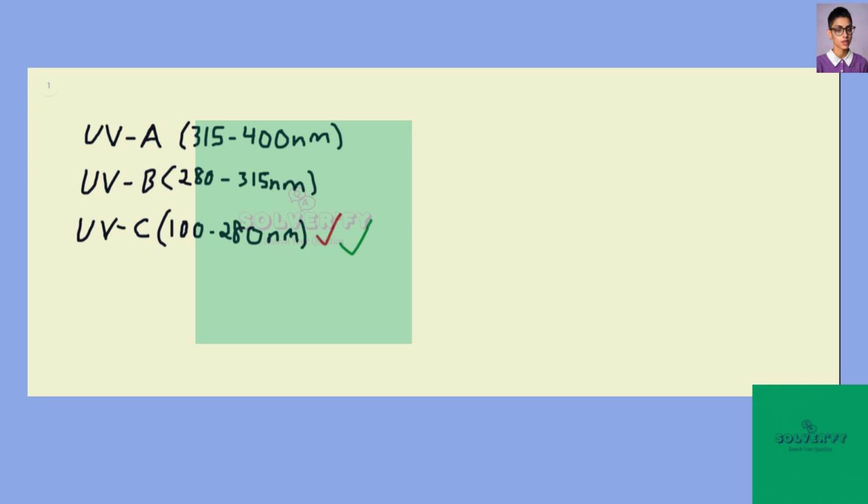The only one that has a wavelength of less than 240 nanometers is UVC. UVC photons from 100 to 240 nanometers will be absorbed by nitrogen and oxygen, and even atomic oxygen as well.